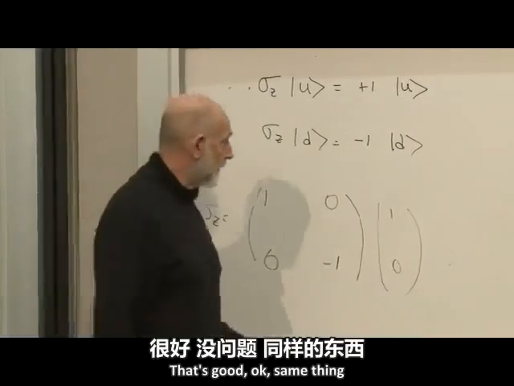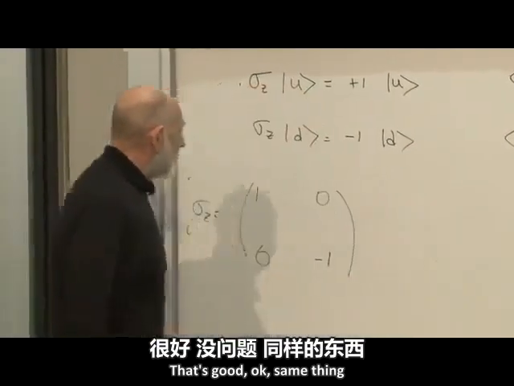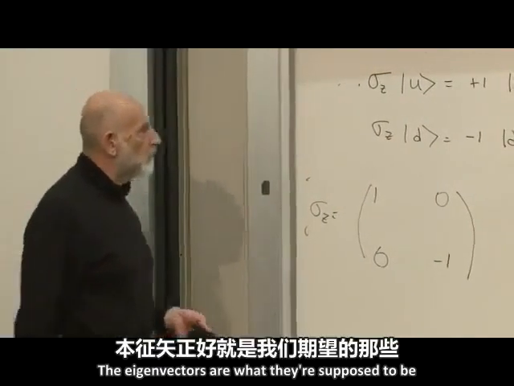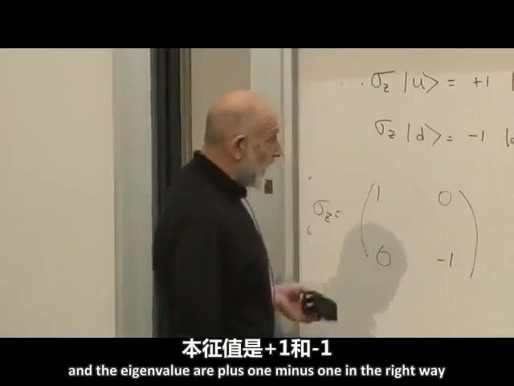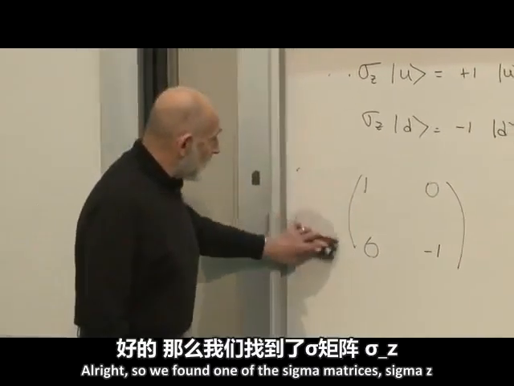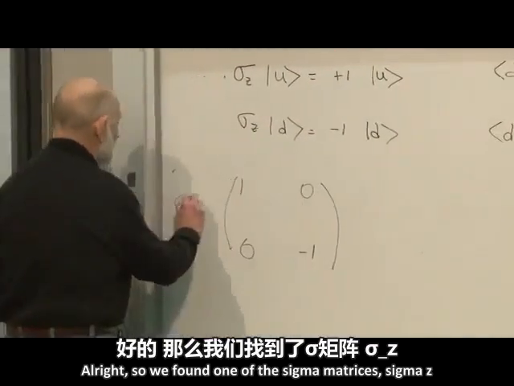That's good. It's guaranteed that the eigenvectors are what they're supposed to be, namely up and down, and that the eigenvalues are plus 1 and minus 1 in the right way. All right, so we found one of the sigma matrices, sigma z.